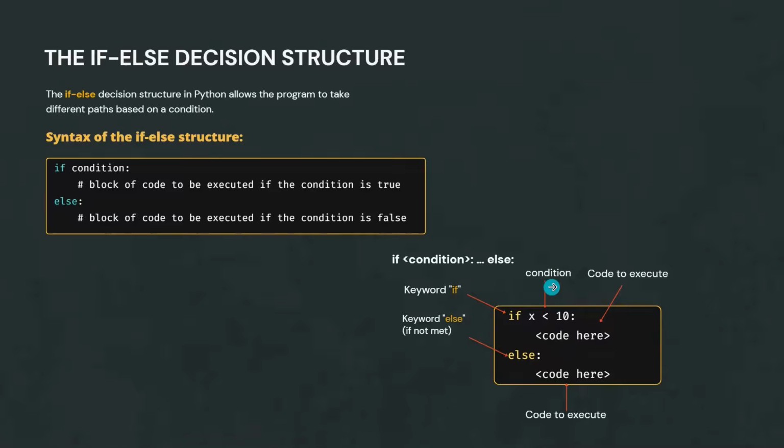So this is the condition, this is the code to execute, and this is the if keyword and else keyword. If the condition is not met, then it will go to else. So this is what happens. And don't worry, if and else must be aligned properly with colons. This is important.